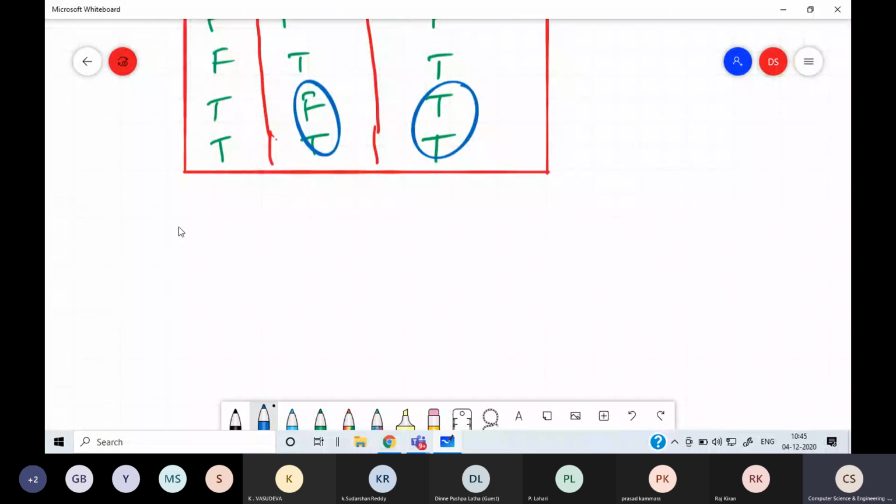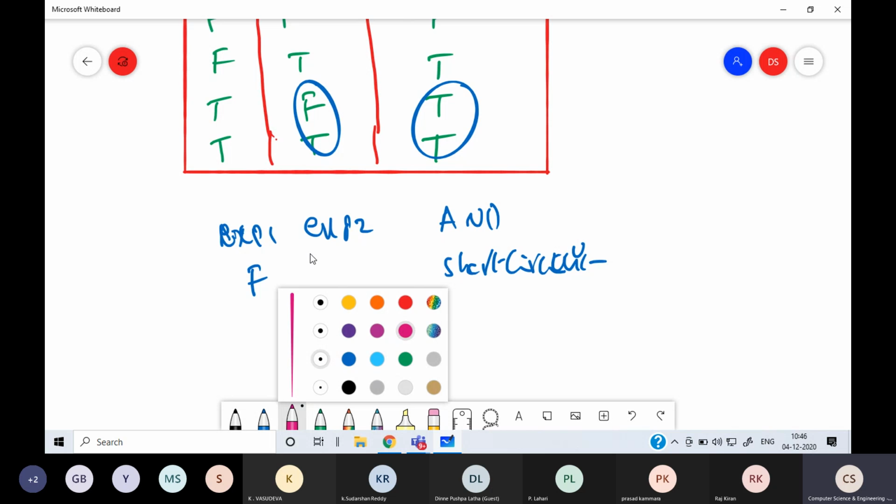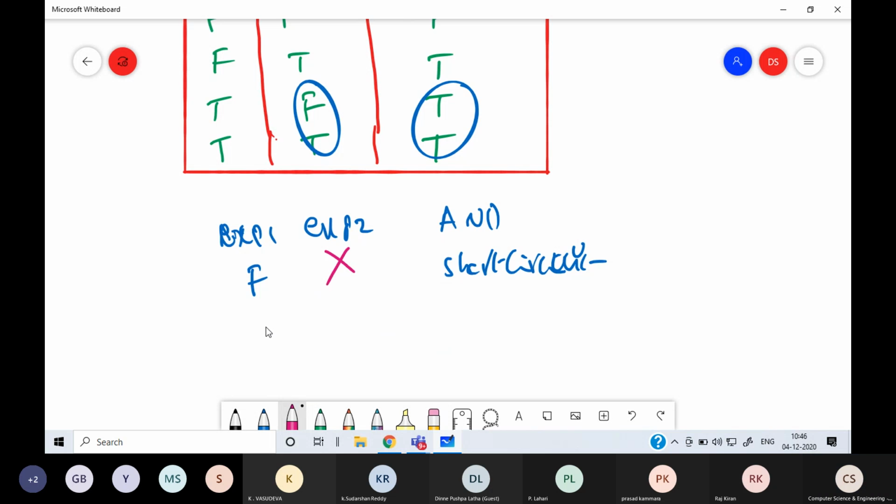So when I take short circuit here, when I take AND with expression 1 and expression 2, when expression 1 is false and it is AND, then it is short circuit. Short circuit means expression 2 is not going to be evaluated.